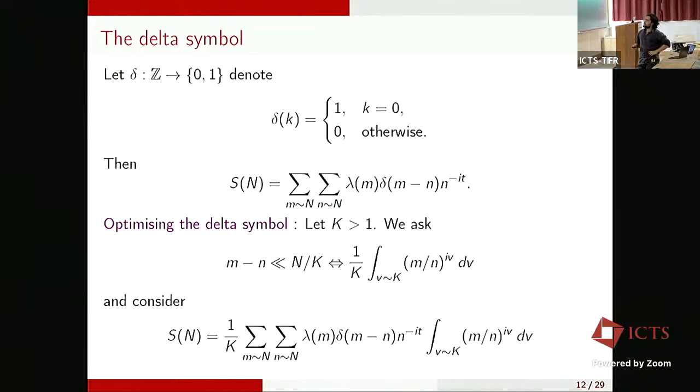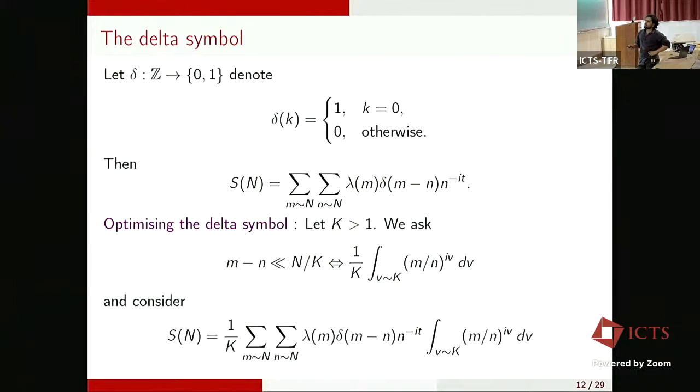So we try to be less wasteful by asking m minus n to be restricted by this. This will be translated when we have cancellation from this v integral.